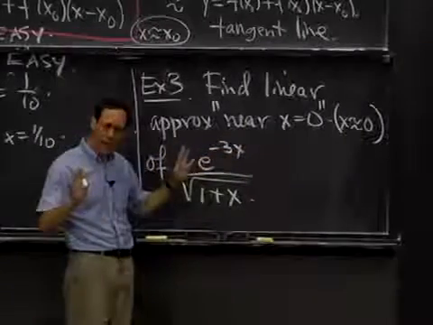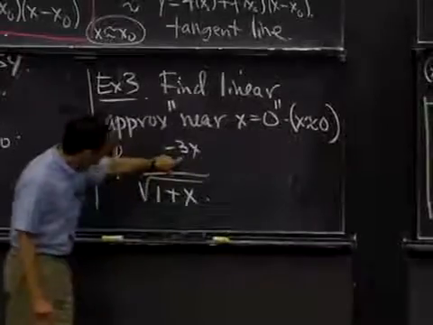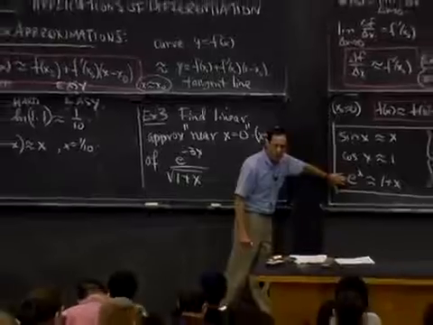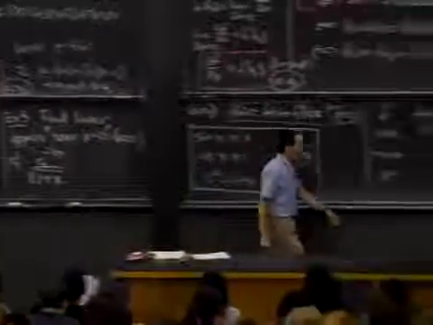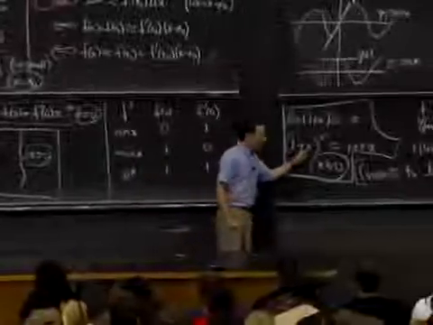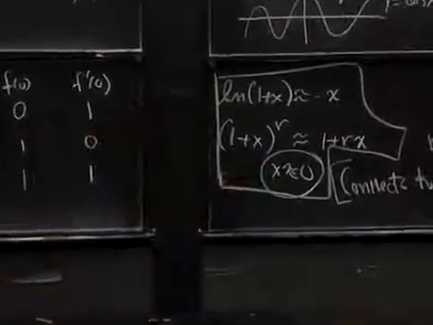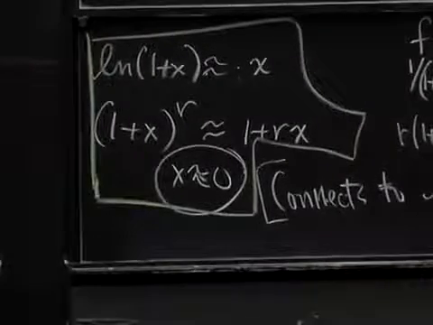So I'm not going to do any calculus. I'm just going to remember. With e to the minus 3x, it's pretty clear that I should be using this formula for e to the x. For the other one, it may be slightly less obvious, but we have powers of 1 plus x over here. All right? So let's plug those in. I'll put this up so that you can remember it.